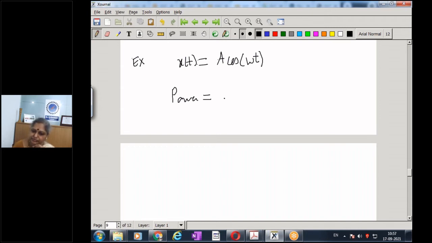Anyone remember the RMS value of the signal? Yes, RMS value is 1 by root 2.